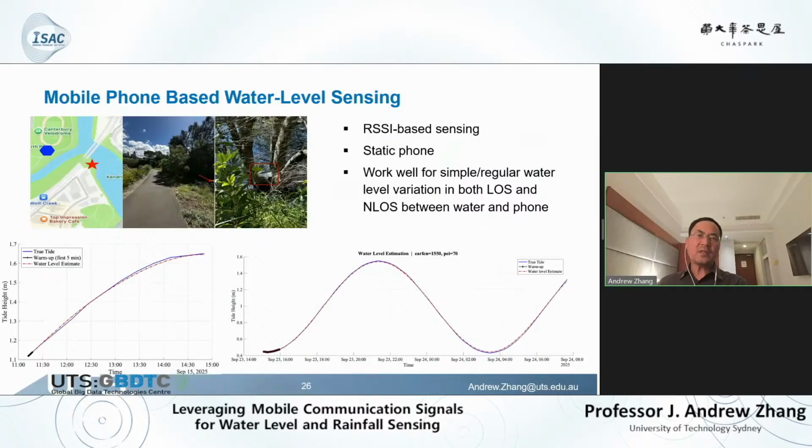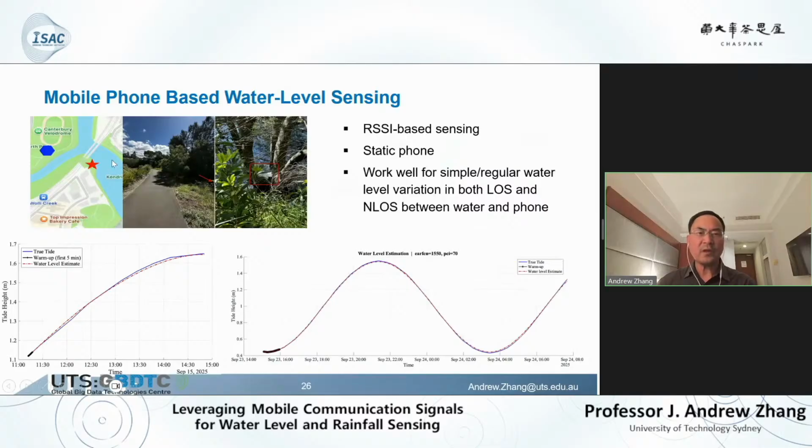Once these data sets are collected, we can use the quantized received signal strength for sensing. Note that the quantization step may be 1 dB. Even with such a coarse quantized signal strength, we can still achieve quite accurate water level estimation results.